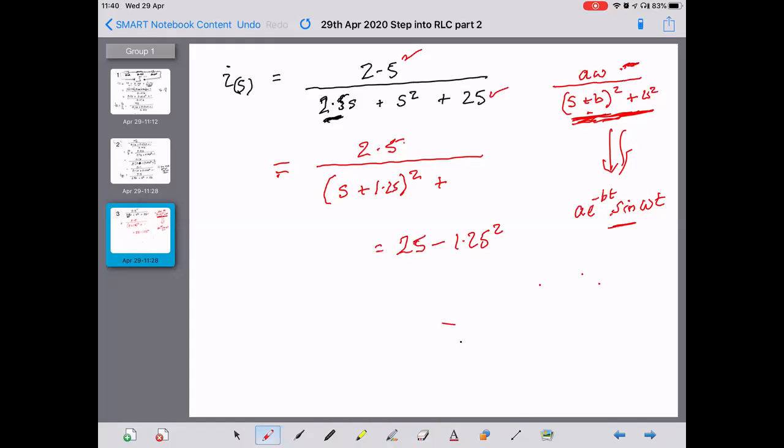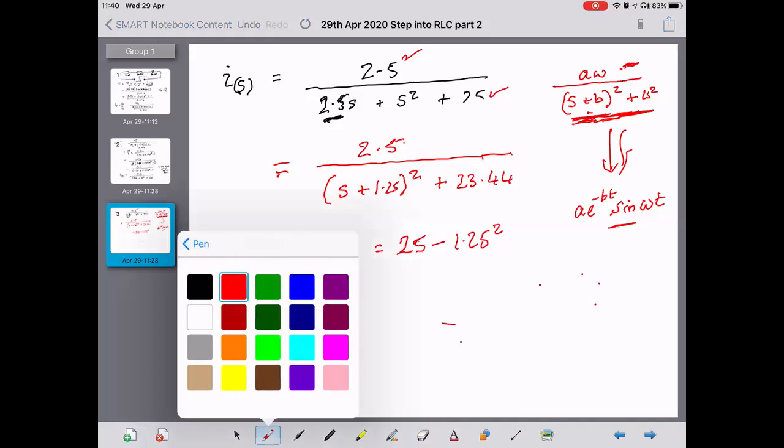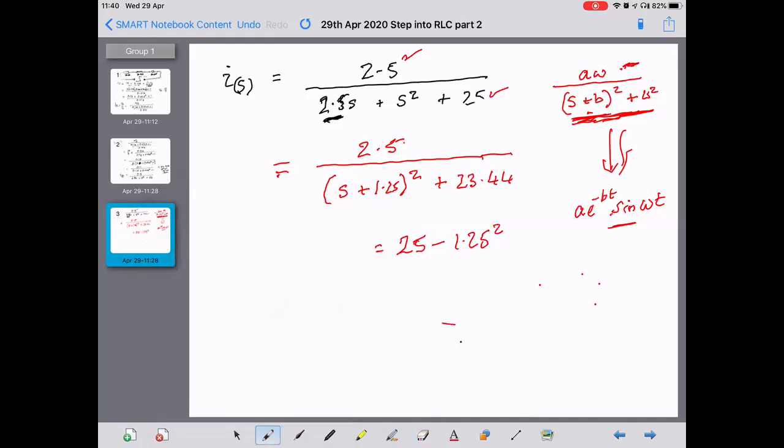25 minus 1.25 squared is 23.44. So we've taken that 25 constant there, and we've taken 1.25 squared off it because that's dealt with by the square on the 1.25 here.